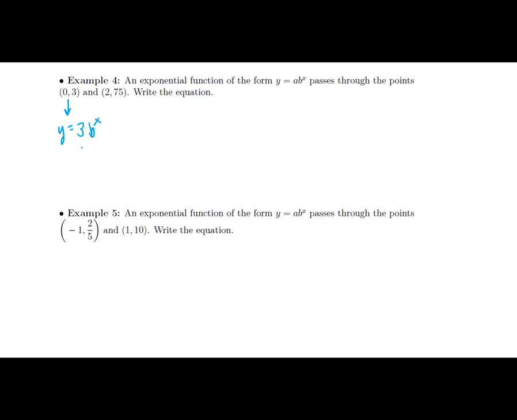And then from there, we got to use this information to figure out what b is. But this is just saying when x equals 2, we know that y is 75. So if I plug a 75 in for y and a 2 in for x, then this becomes a little equation we can solve. So we can divide by 3 on both sides.